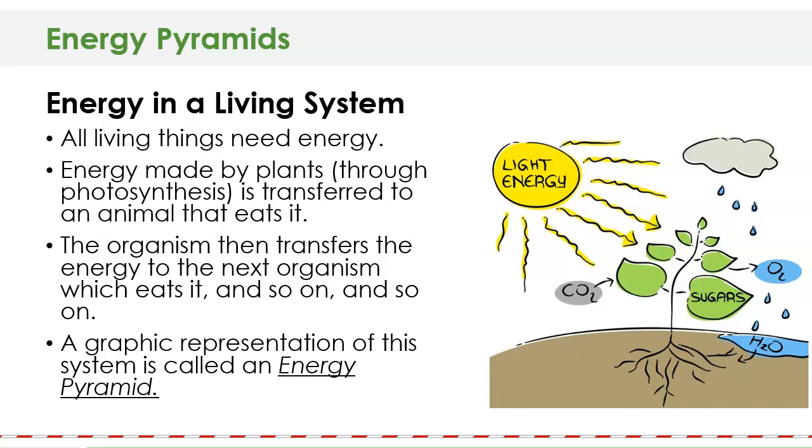So, an energy pyramid is essentially a graphic representation of this system. It uses a diagram as opposed to a picture. Like a food chain uses pictures, it uses a diagram in order to show this process.